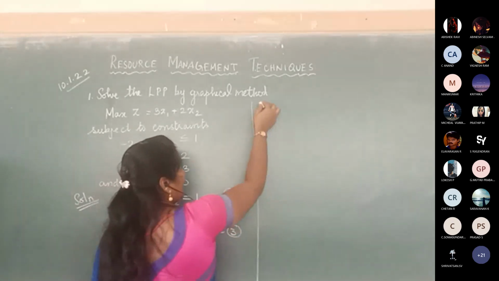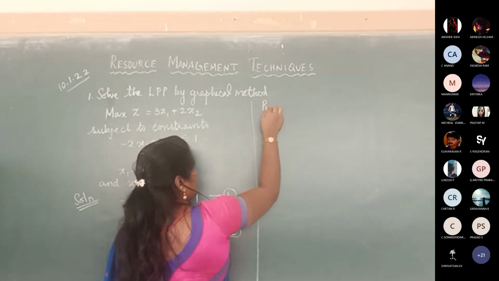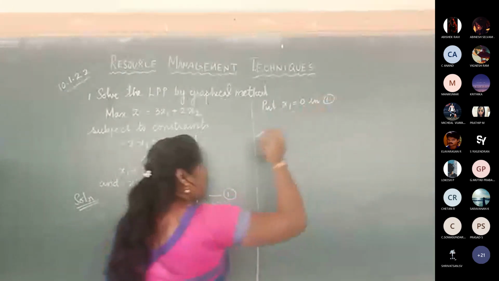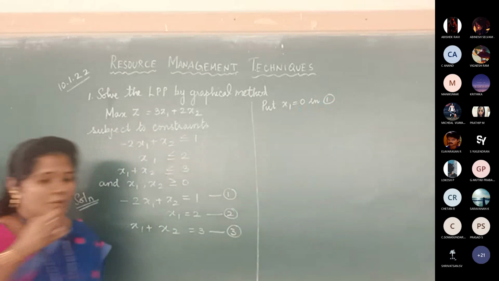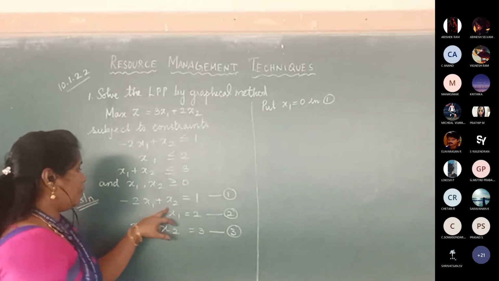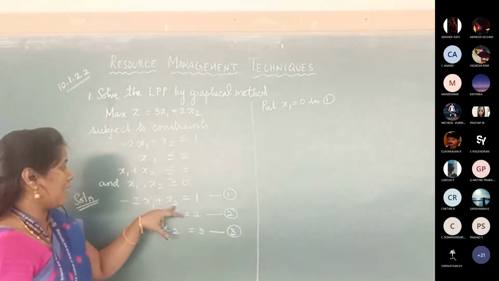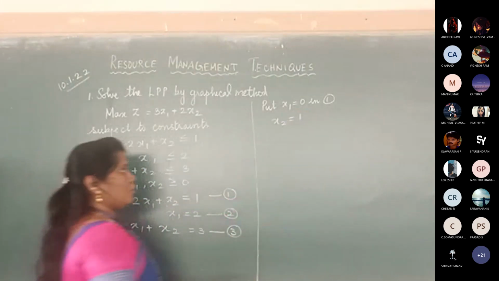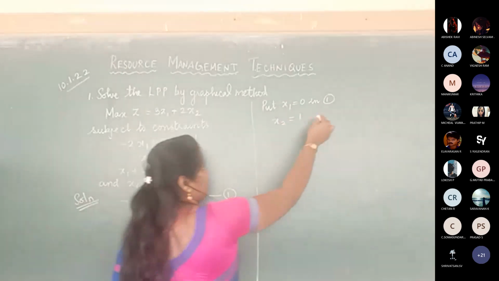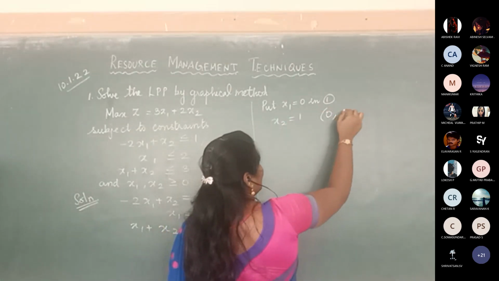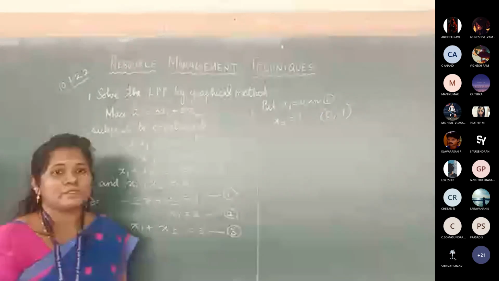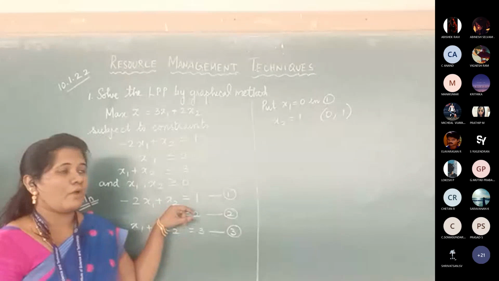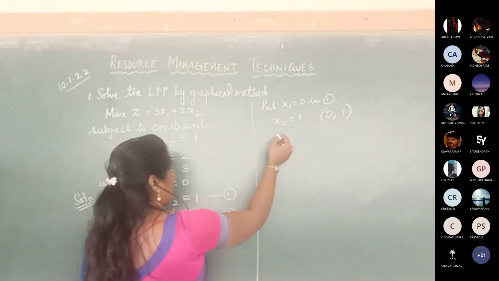So in your first equation, we put x1 is equal to 0, and it becomes x2 is equal to 1. So this point is (0, 1).